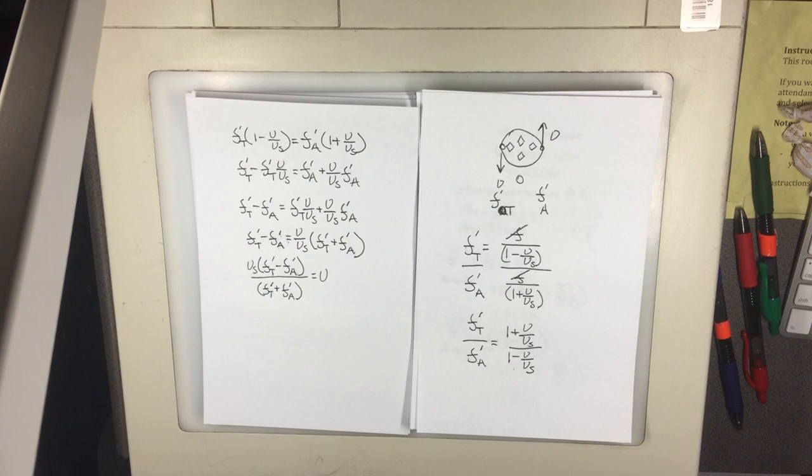If you're given the frequency towards and away, and you know the velocity of sound in air, you can get the velocity. So how does this work?